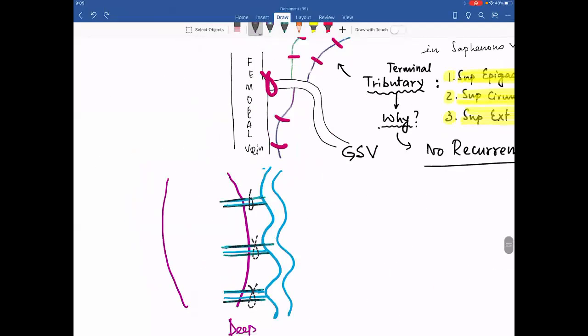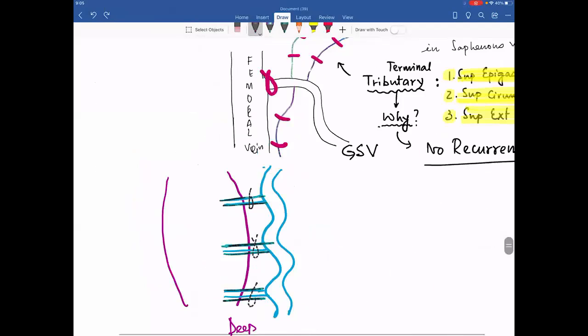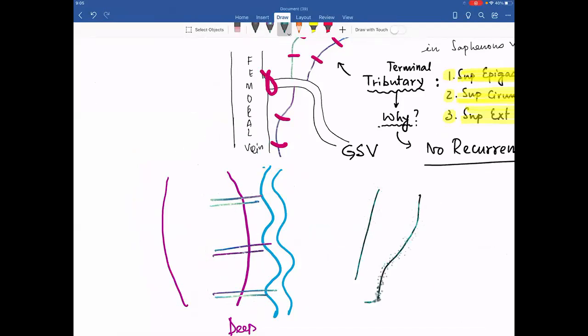It is usually that the ligature points are kept, not at this place. So I will again mark the perforators for you. We make small cuts in the skin, which look like this, and while we go through the skin, the only thing we are searching for is the perforator vein.